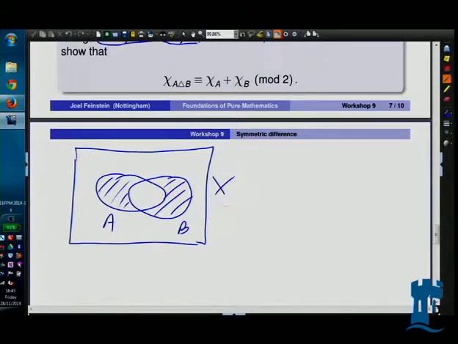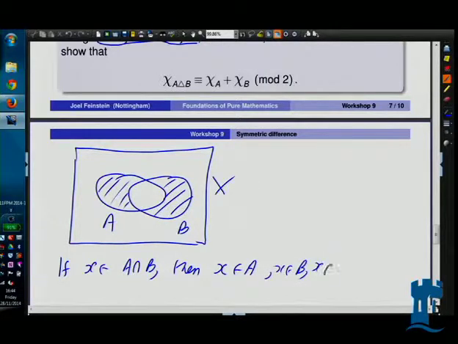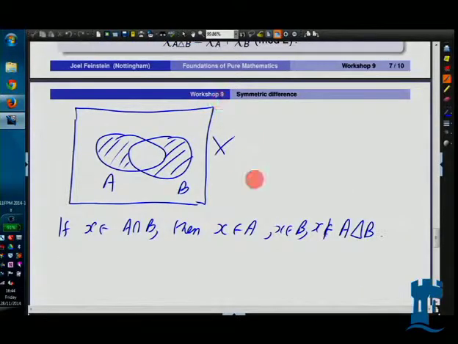So if X is in A intersection B, then X is in A, X is in B, but X is not in the symmetric difference. So when we look at what these functions do, the characteristic function of the symmetric difference will give you 0.